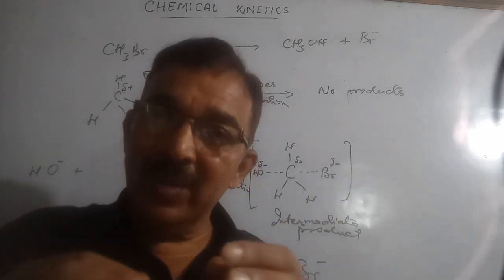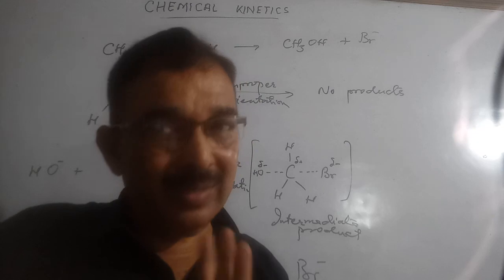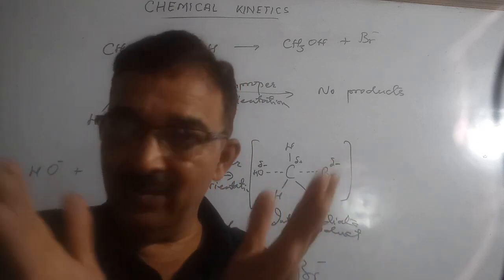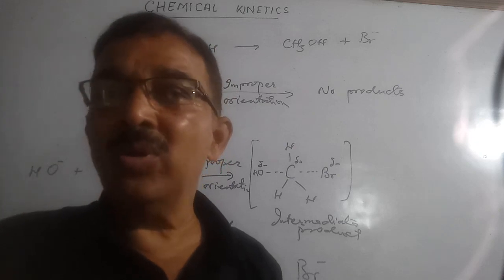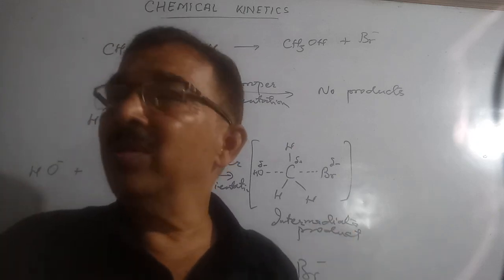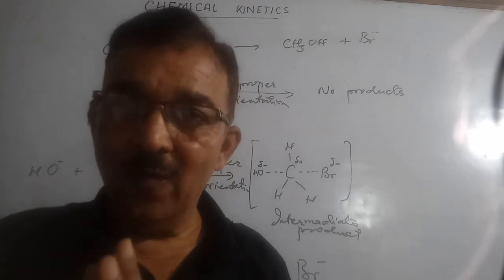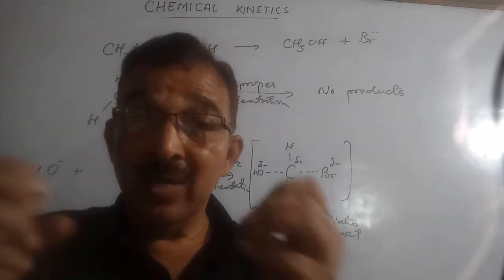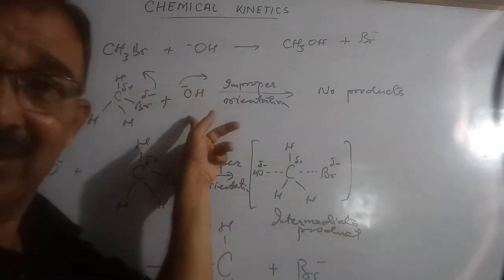But if the energy barrier is crossed and proper orientation is there, then the reaction will take place. And if the energy barrier is crossed but improper orientation is there, the reaction will not take place, that is, the collision will not be effective. Rather they will bounce as it is shown here.